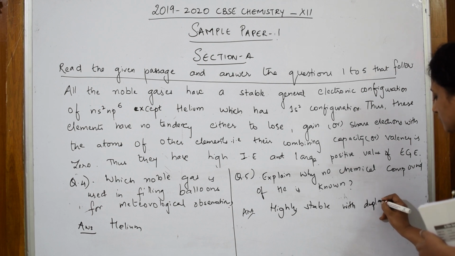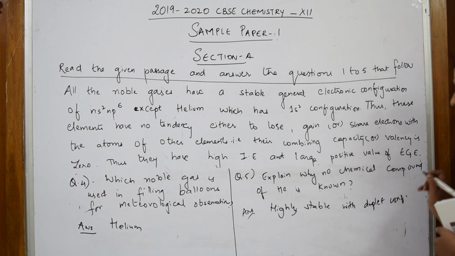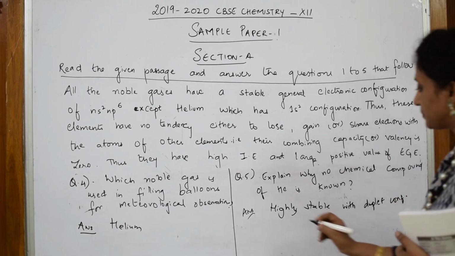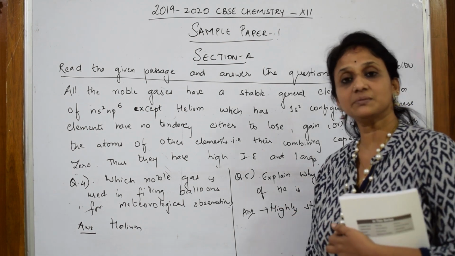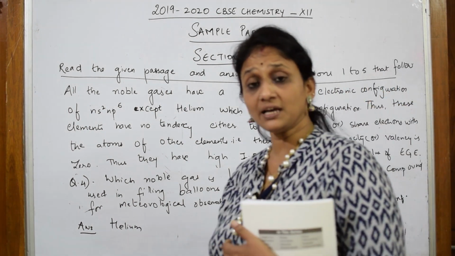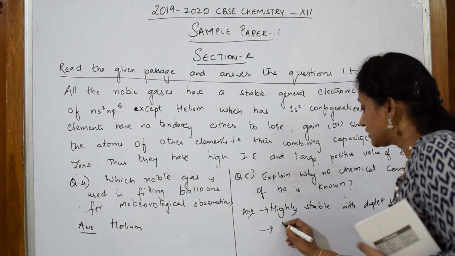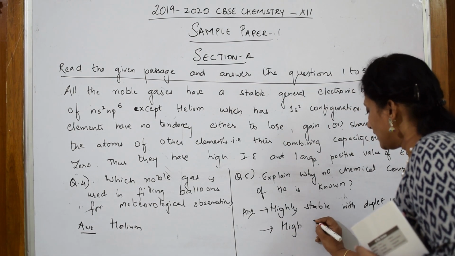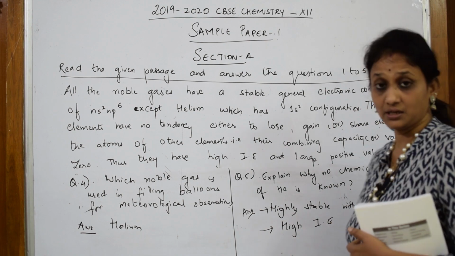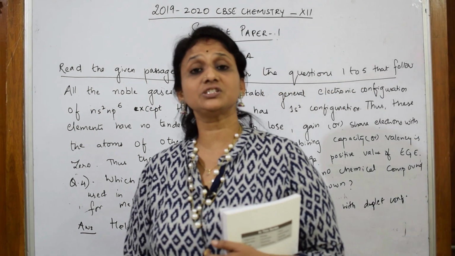Duplet means how many electrons? Duplet is nothing but 2 electrons, isn't it? Helium, right? So duplet. Now because of this highly stable configuration, how much energy should I apply? I have to apply a large amount of ionization energy. So high ionization energy, done. Now how much is the ionization energy?